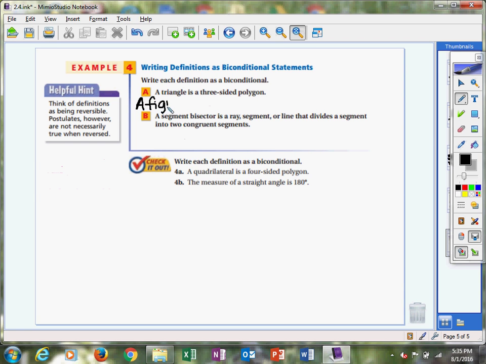A figure is a triangle if and only if it's a 3-sided polygon. That's all I did there. I took exactly what they gave me, and I just inserted a couple of extra words. A figure is a triangle if and only if it's a 3-sided polygon.